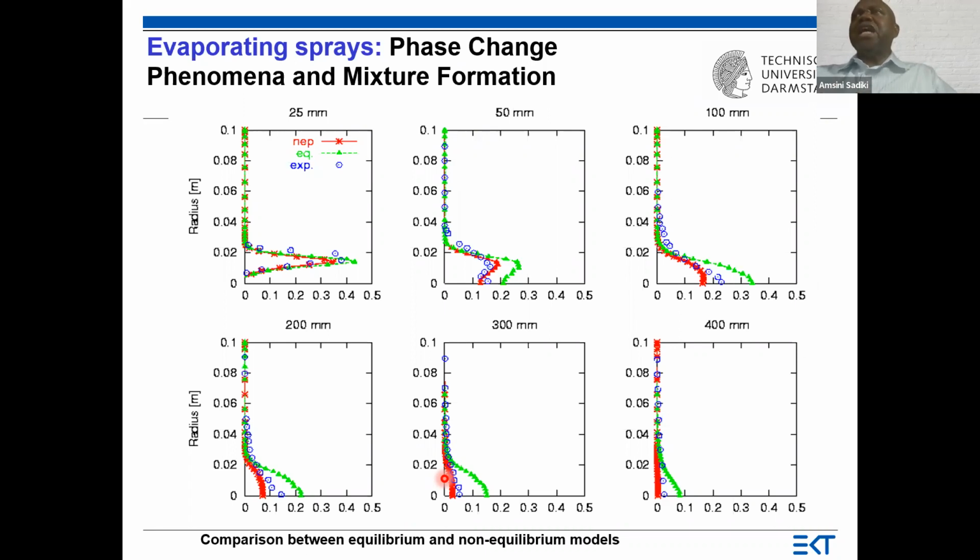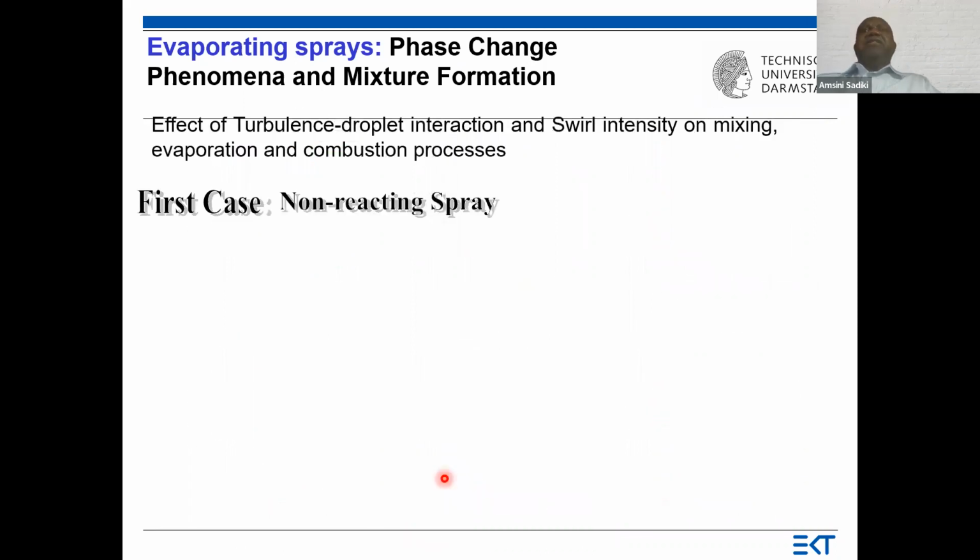And for that, the Langmuir-Knudsen approximation was the correct one. And that is why we first use the non-equilibrium model for this nozzle, which produces very, very small droplets, instead of the equilibrium model. So this part introduced the effect of turbulence-droplet interaction and the effect of spray intensity.